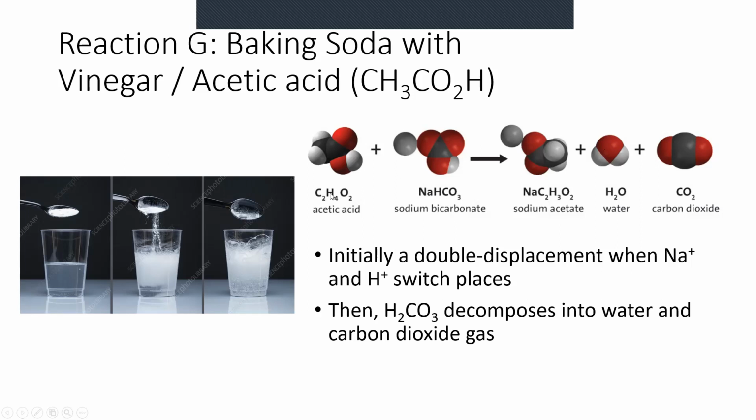So you can see that as H+ and Na+ switch places, we end up with H2CO3 and sodium acetate. The sodium acetate remains as it is, but H2CO3, which is hydrogen carbonate, is not stable, and it decomposes into water and carbon dioxide gas. So initially in this reaction, we have a double displacement followed by a decomposition.